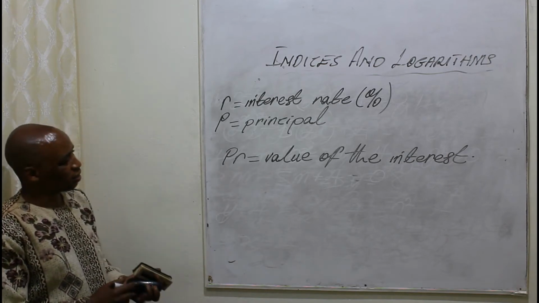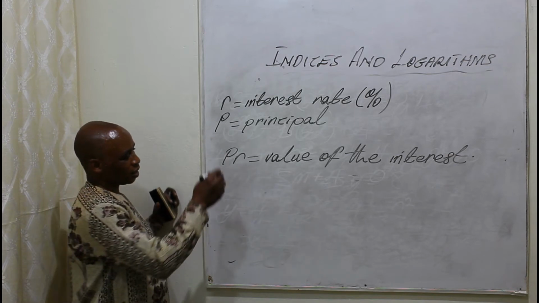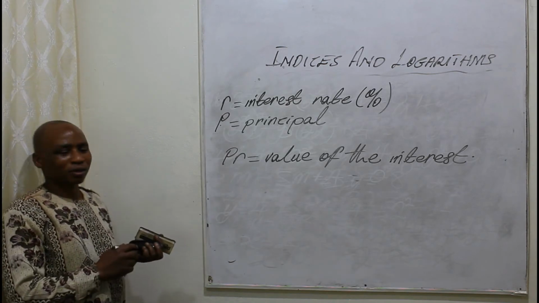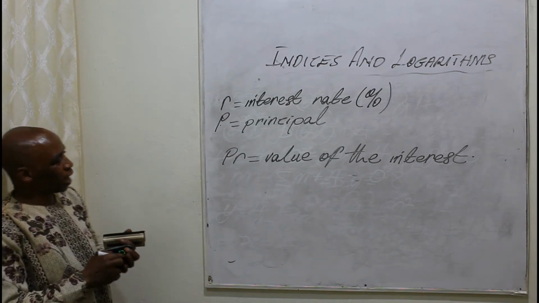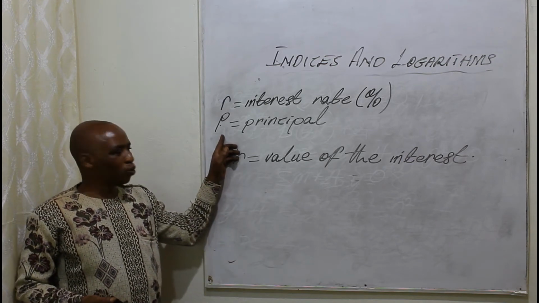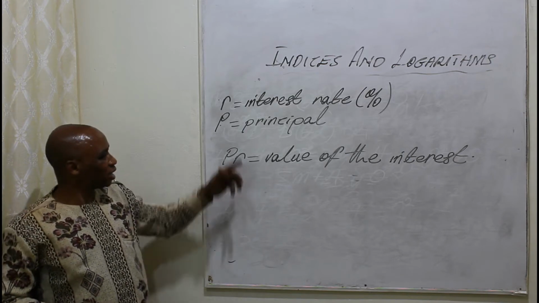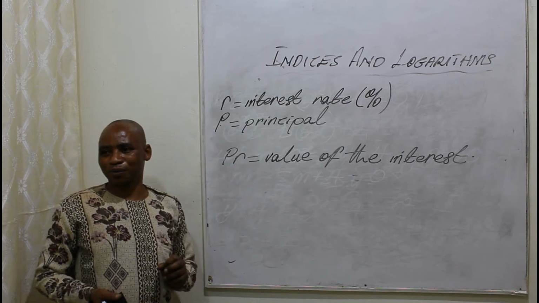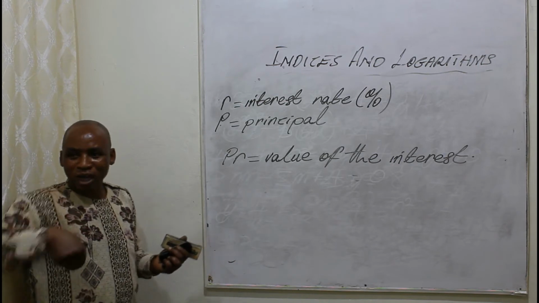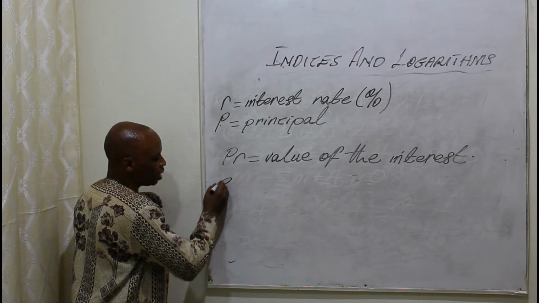So let's say we started with an amount P, with the hope that by the end of the year, we will get an interest of PR in addition to the principal. So let the amount that we will get at the end of the first year be P1.